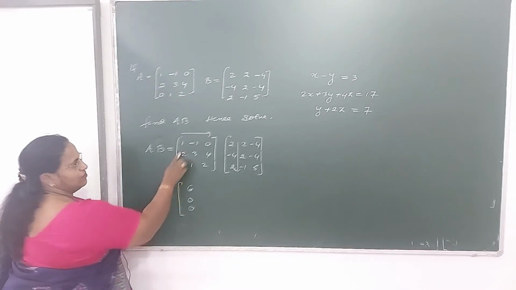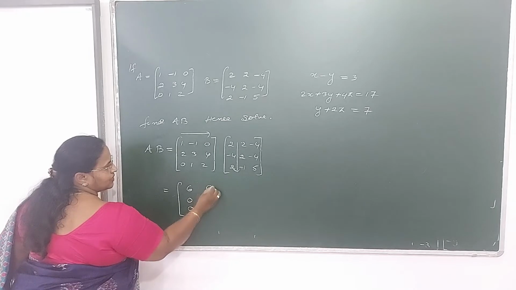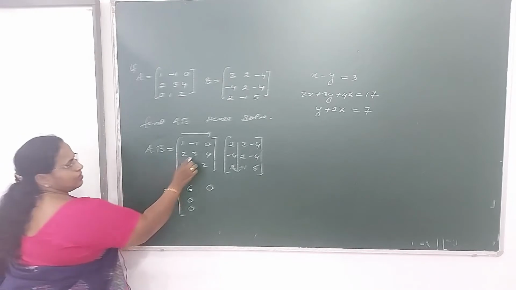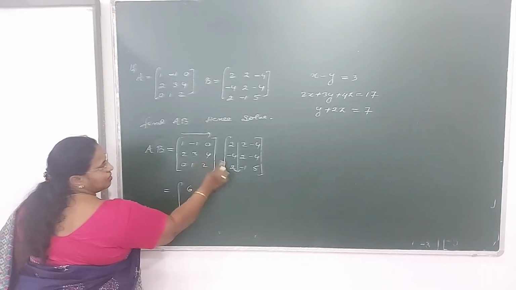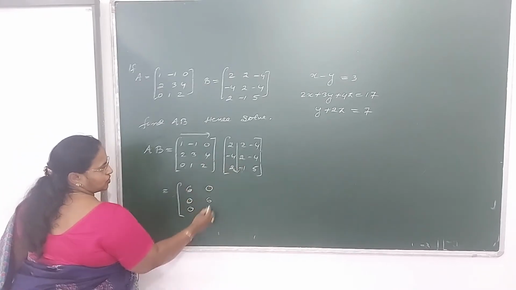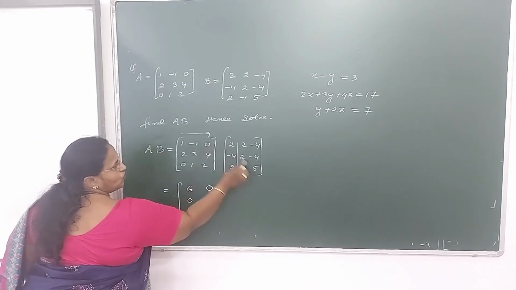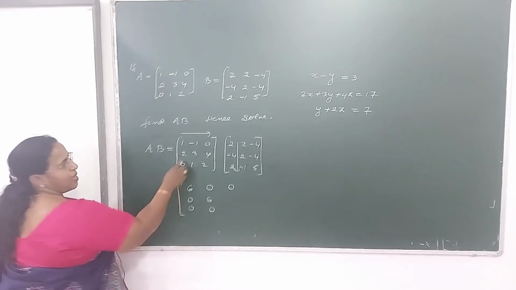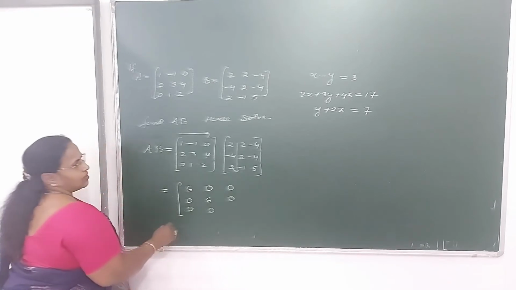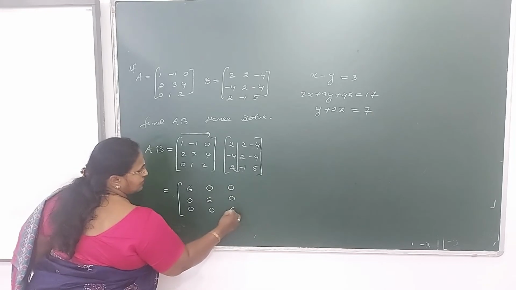Now moving to the next column. 1 into 2 is 2, 2 minus 2 is 0 plus 0, so it's 0. 2 twos are 4, 4 plus 6 is 10, 10 minus 4 is 6. 0 plus 2 minus 2, 0. Now the last column, minus 4 plus 4 plus 0, it's 0. Minus 8 minus 12 is minus 20, plus 20 is 0. Now the last row, last column: minus 4 plus 10, it's coming 6.